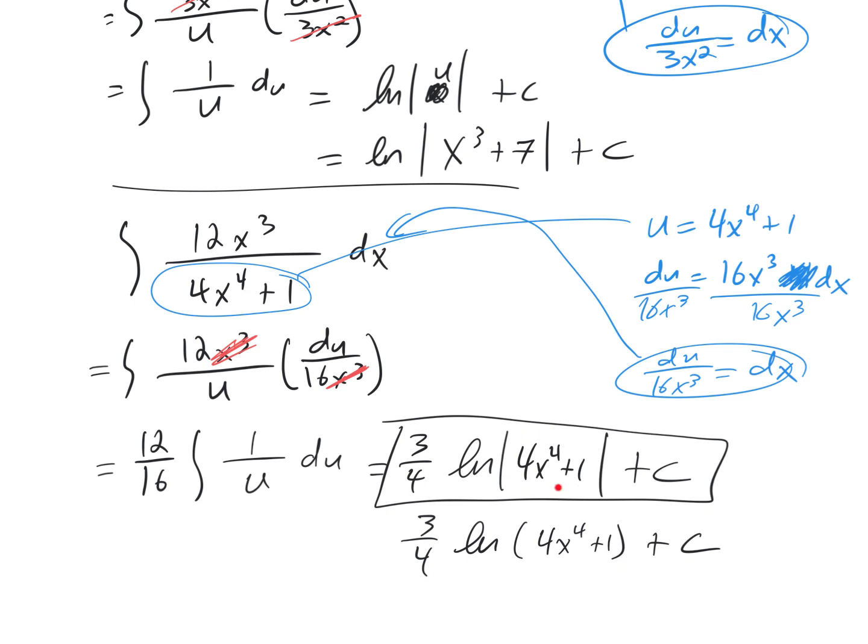The absolute values should be used all the time unless you're in a super specific situation like this where the argument can't be negative, and then it's fine to drop them. So if you run into this, they didn't forget the absolute values, they realized they weren't necessary. So this is a more correct answer.